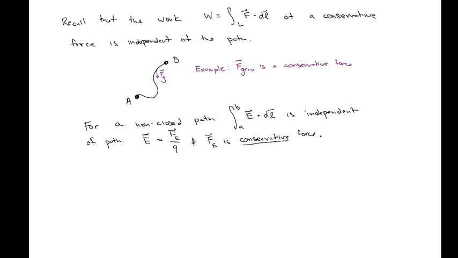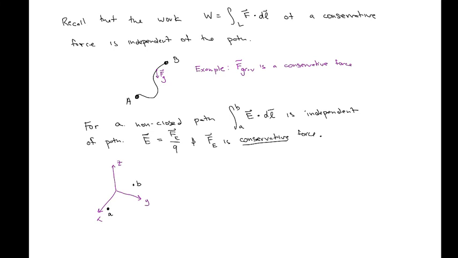Okay, so what that means is if I draw this picture similar to what's already in the book, and I want to calculate the integral between A and B, I can choose any path I want.